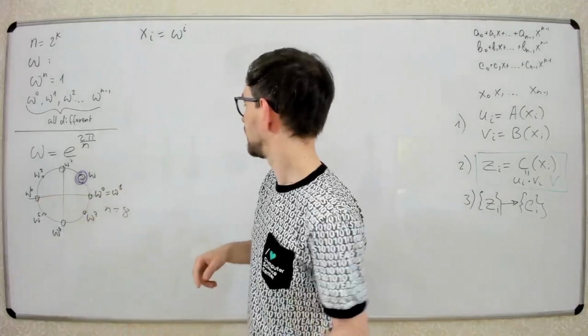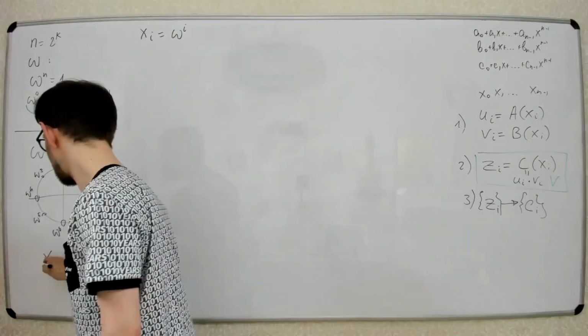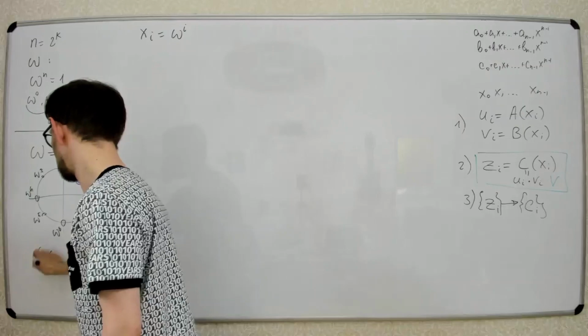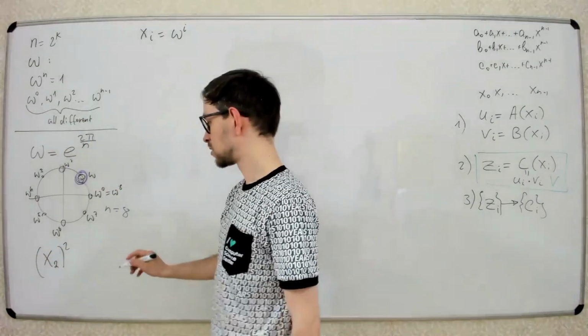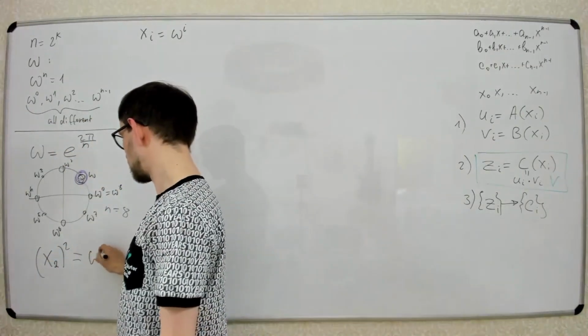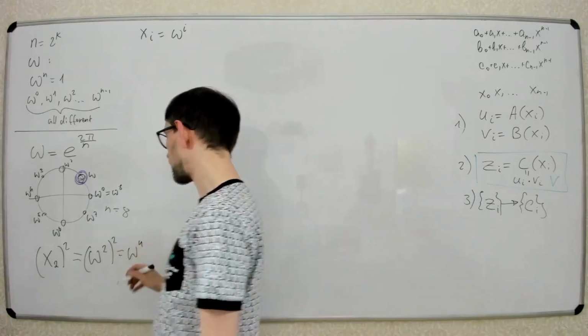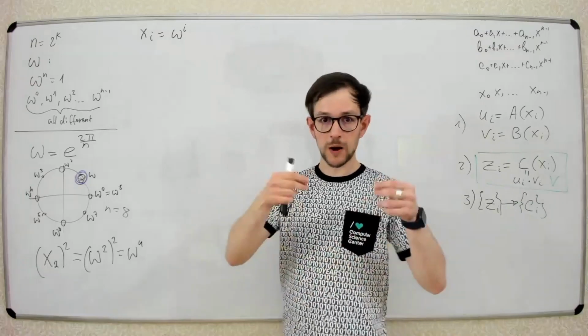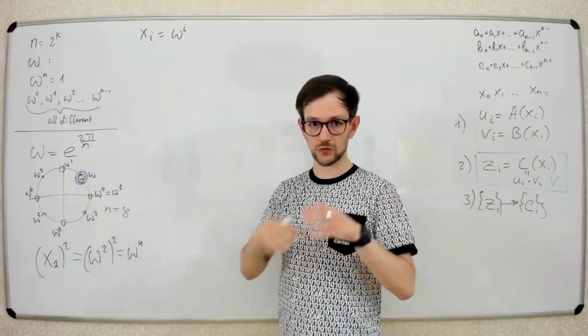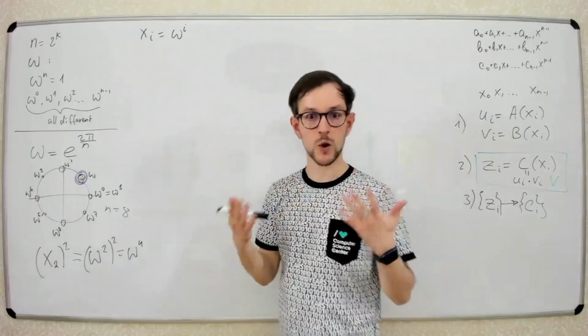Again, if you want to calculate x2 squared, it will be our power 2, it will be just our power 4. So again, all the powers of these x's will be in the same set of elements. So that's why it works fast, actually.